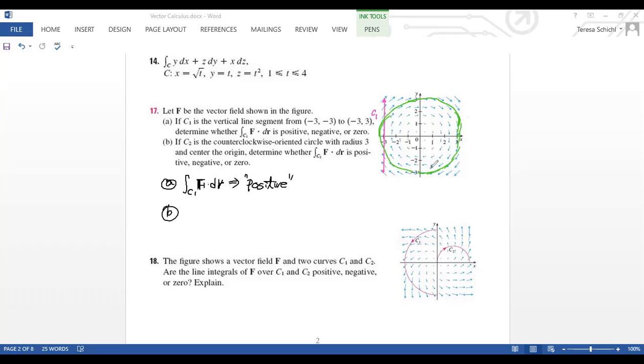This curve is C2. But I'm doing the counterclockwise, right? So counterclockwise means I'm traveling the curve while integrating, moving the particle counterclockwise here.